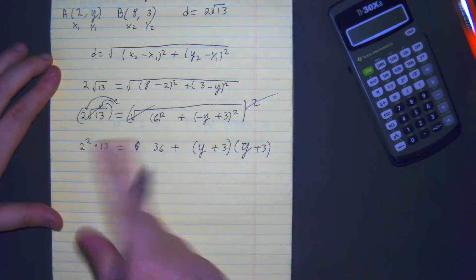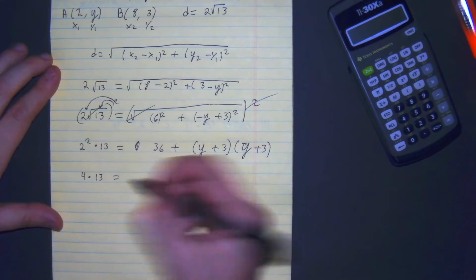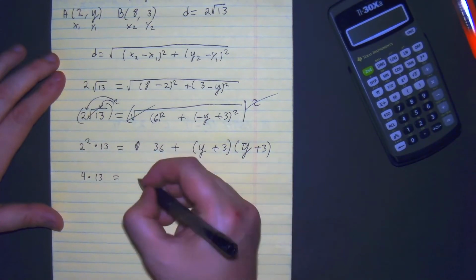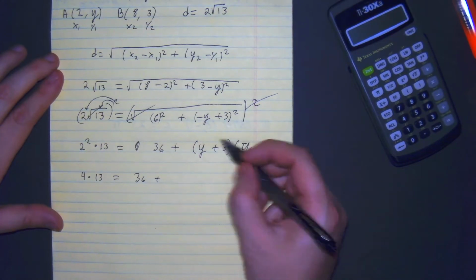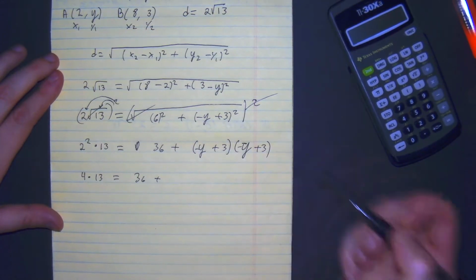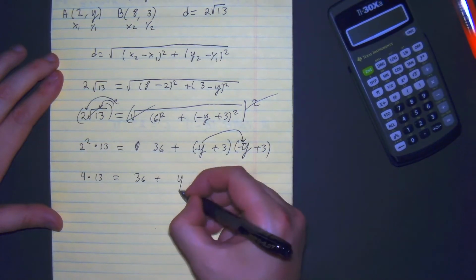Alright, 2 times 2 is 4, and then 4 times 13 equals 36 plus, we're going to use our distributive property, negative y times negative y gives us y squared.